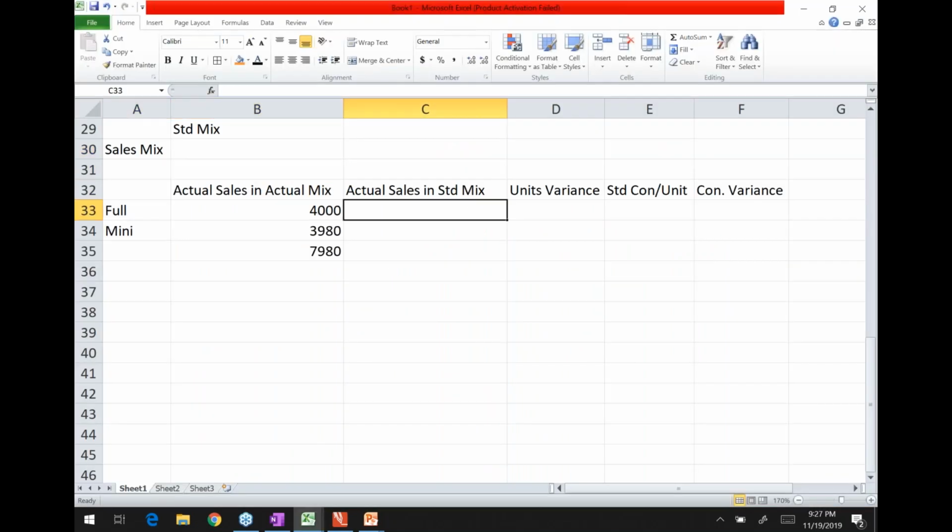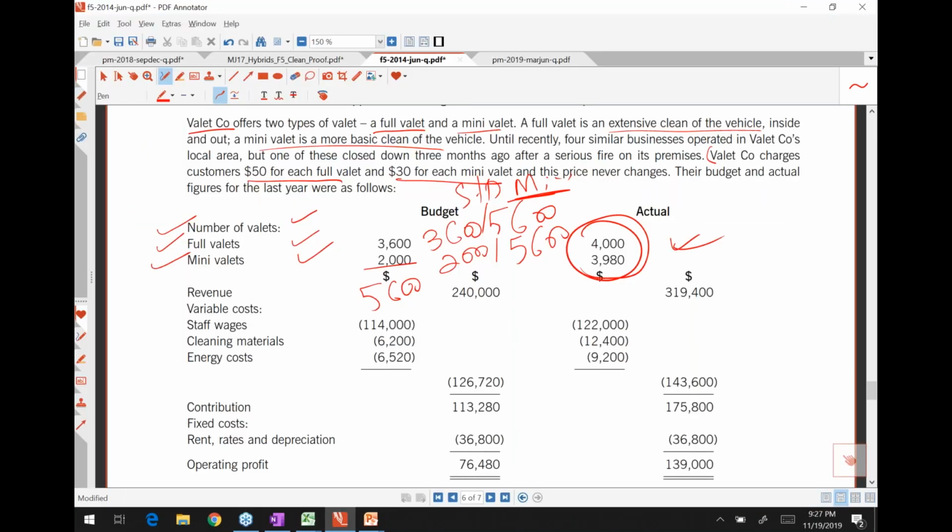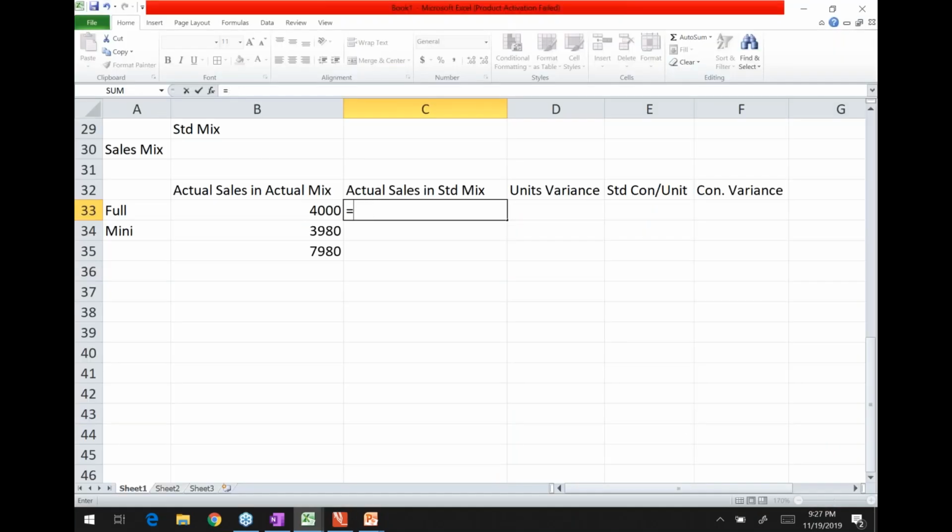So let's use a formula. 3600 out of 5600 should be full valet. This is standard mix multiplied by actual sales. So here we go. Just copy paste this and change here and make this 2000.